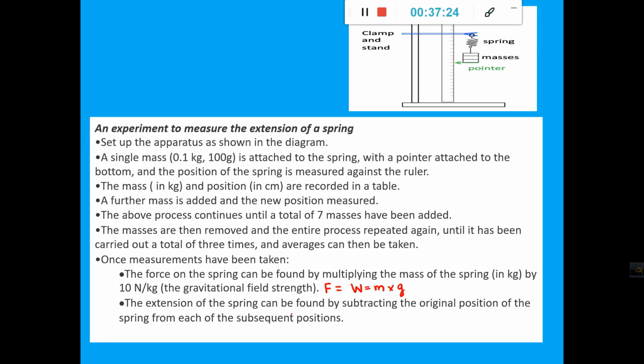The extension of the spring can be found by subtracting the original position. So extension equals new length minus original length.